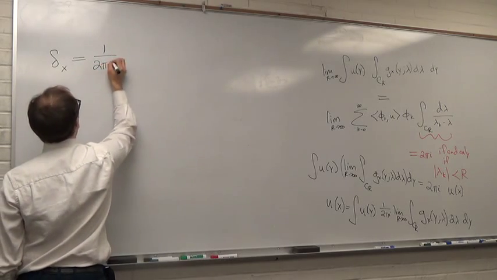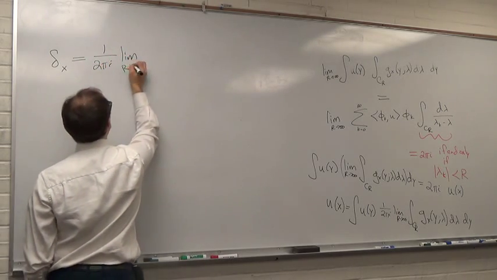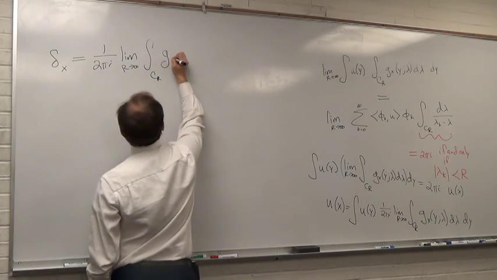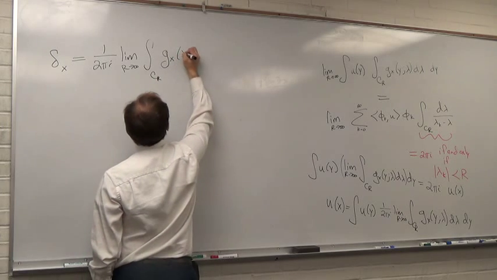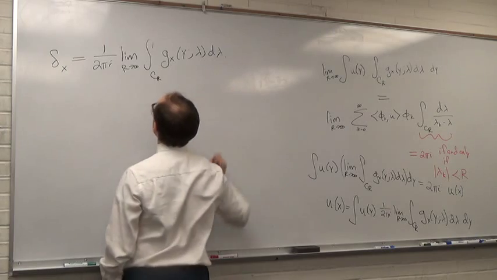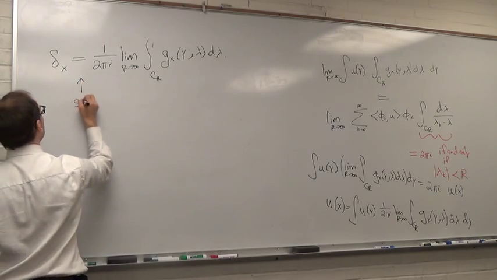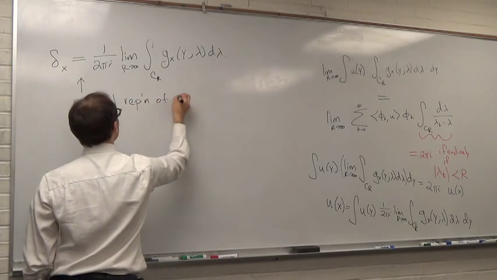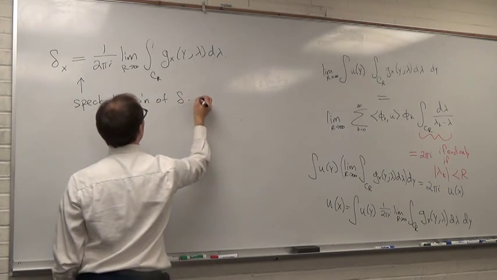1 over 2 pi i, the limit as r goes to infinity, of the integral over C_R of g sub x of y. This is the spectrum of the delta distribution.